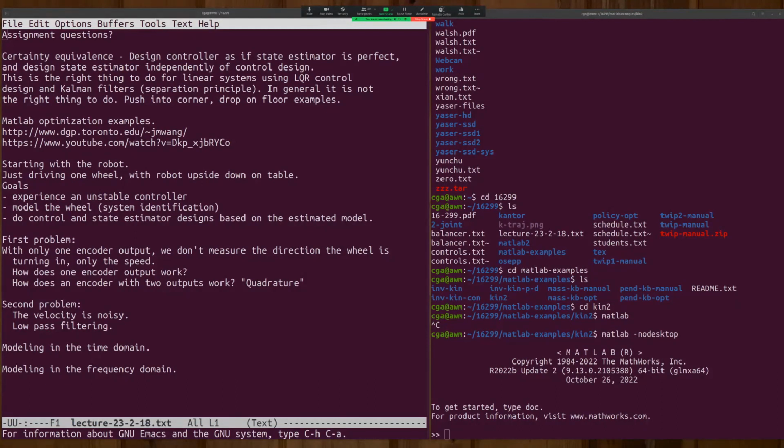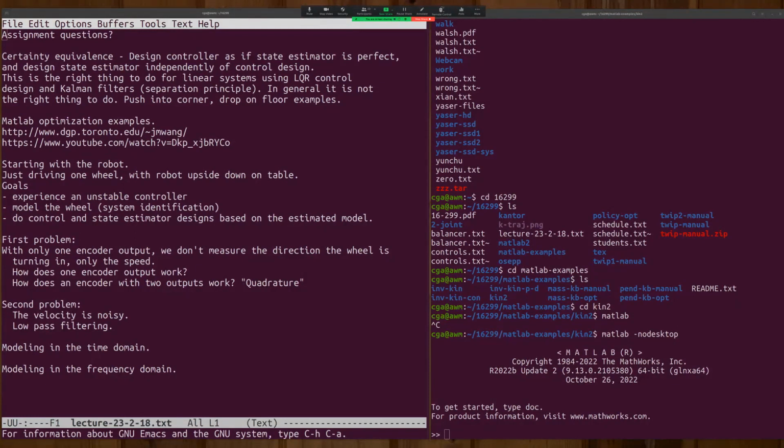And in the assignment, you design them separately. You designed a controller and you designed a state estimator. And an interesting question is, when is it reasonable to design them separately, and when might that cause problems?